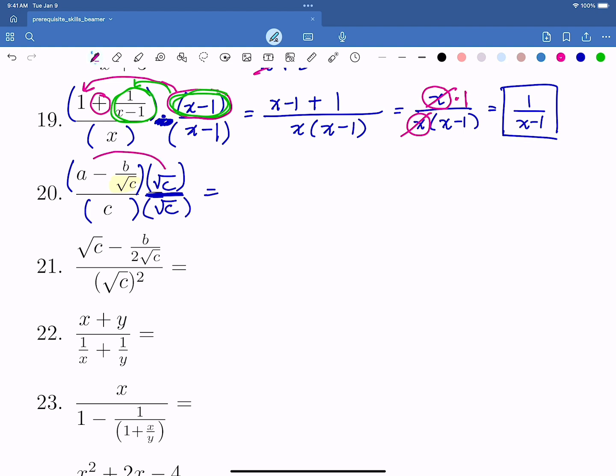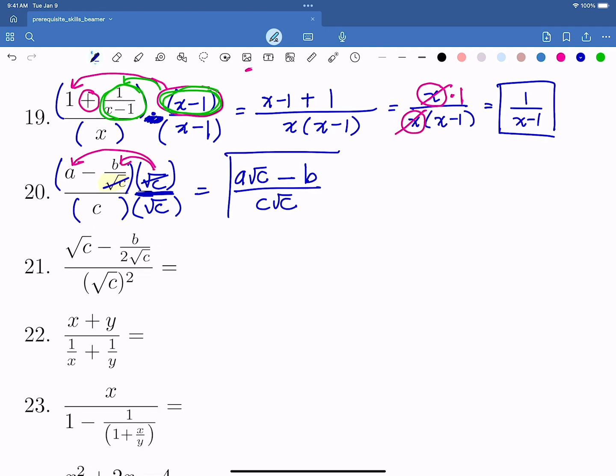The square root of c gets distributed to the a, so a root c. Then here, the square root of c gets distributed to b over root c. And I'm using this sign in the middle as well. So minus, then I'm multiplying b over root c times root c. These cancel. I'm just going to have b. And then in the denominator, I have c root c.